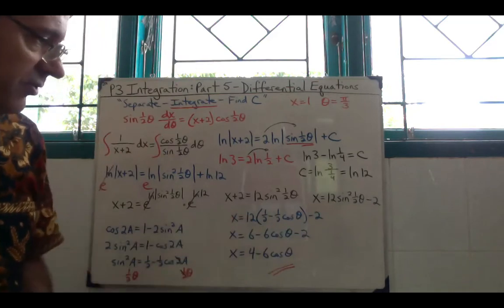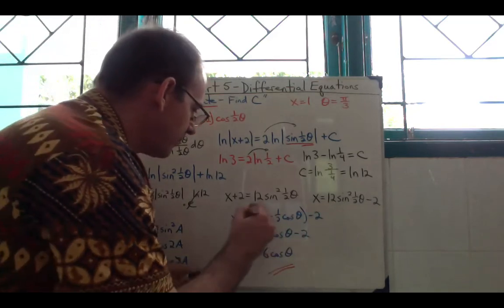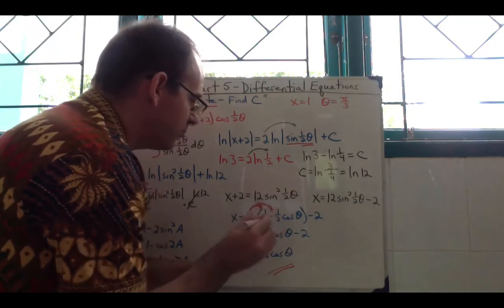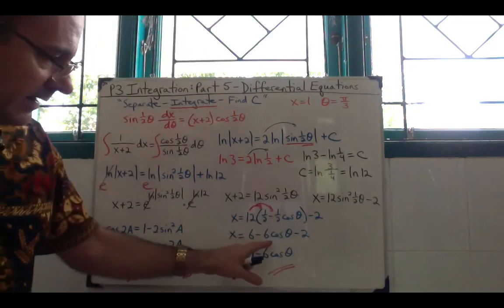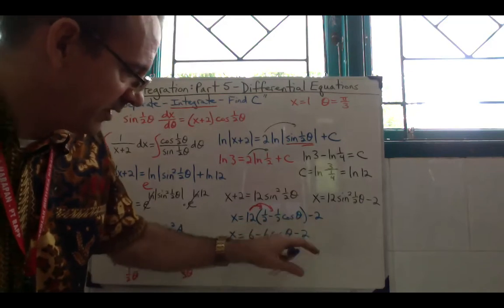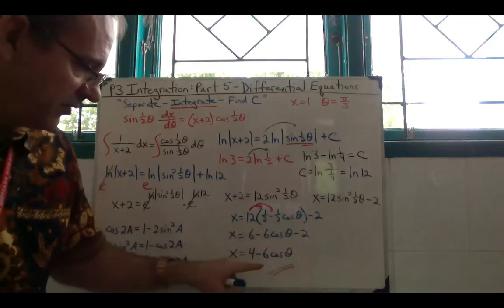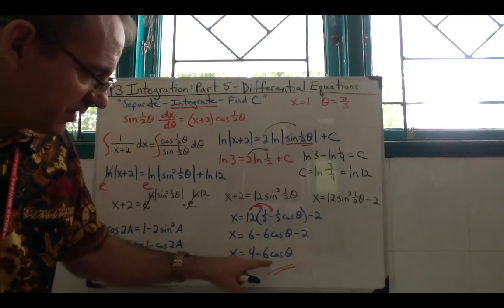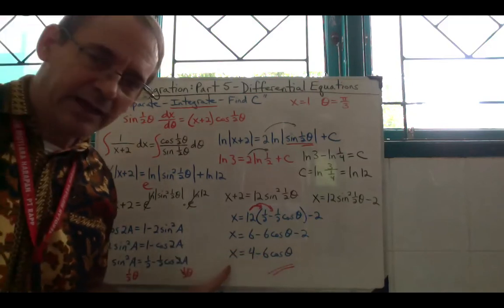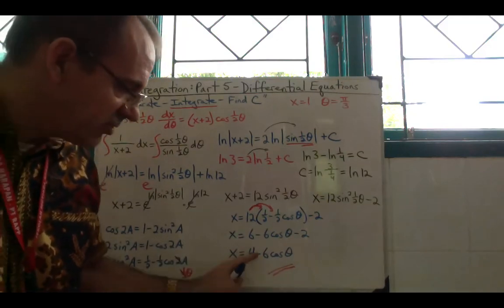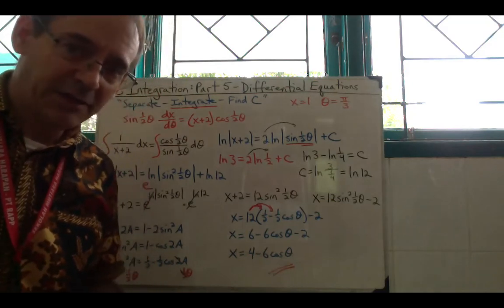So distribute the 12 through. We get 6 minus 6 cosine theta, and then the minus 2 from the outside. 6 minus 2 is 4, minus 6 cosine theta. Now we have x as the subject and in terms of cosine theta.